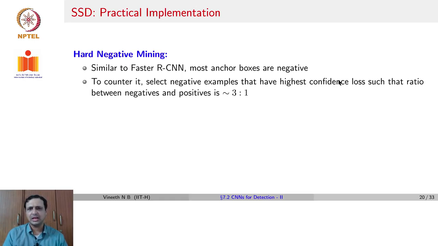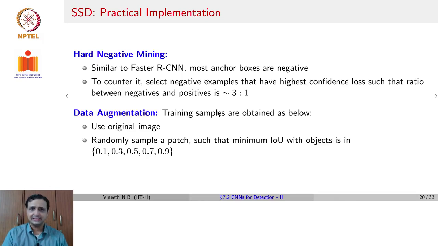And then learning can get affected, which is the reason you do this hard negative mining, where when you train, you only select some of those boxes that have a very high confidence loss and only use them in the loss function that we talked about. Remember, the loss function considered those negative boxes also. SSD also used a data augmentation strategy where, given an original image, the original image was also used.